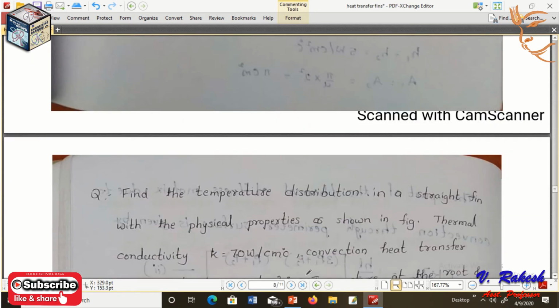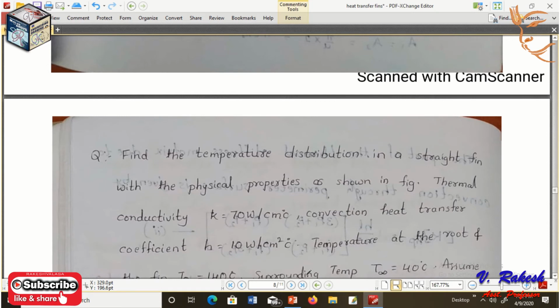Let us discuss one problem on heat transfer through fin analysis.